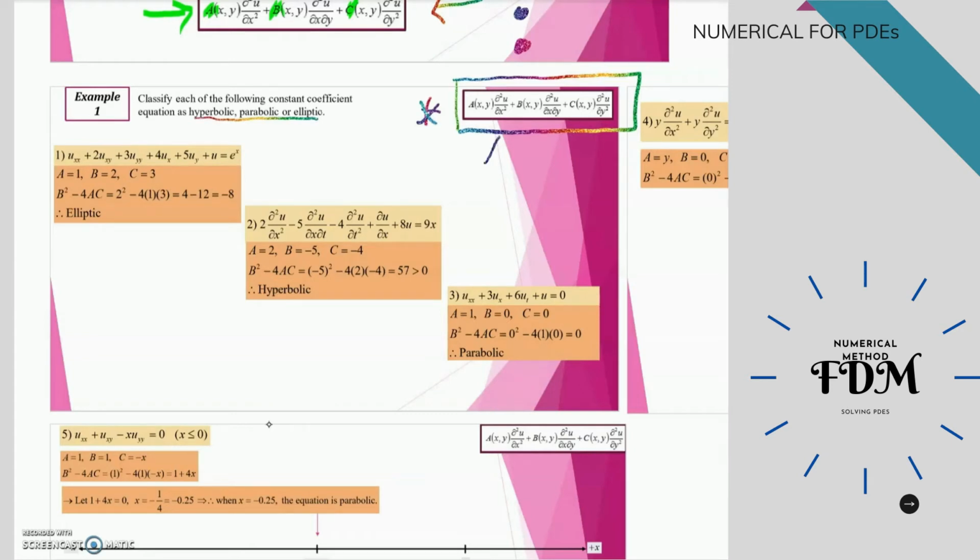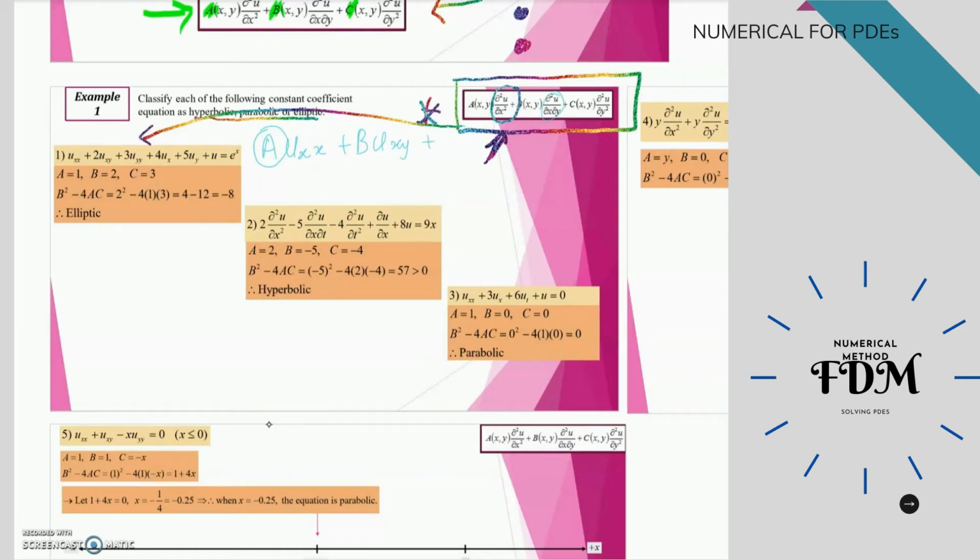So this is the simplified form of the standard equation, and then we just try to map. Okay, so we have u_xx. So this one is the second partial derivative of u with respect to x squared. This is actually u_xx, a u_xx, where a is a function of x and y, plus b u_xy, this one is x and y.